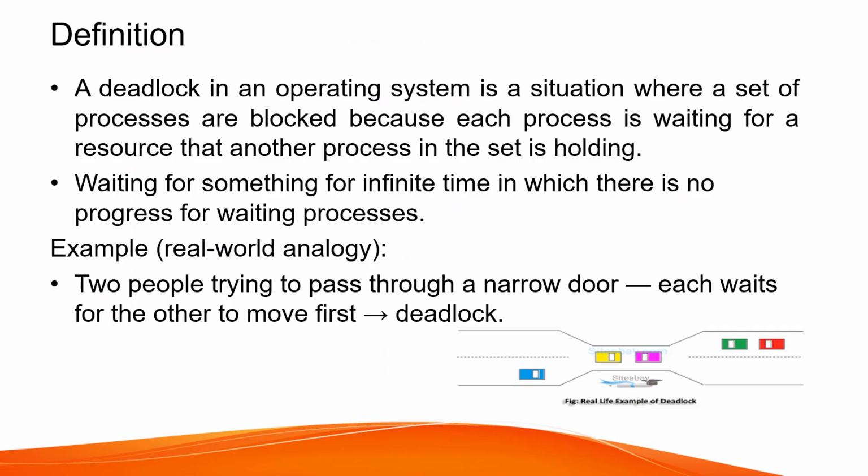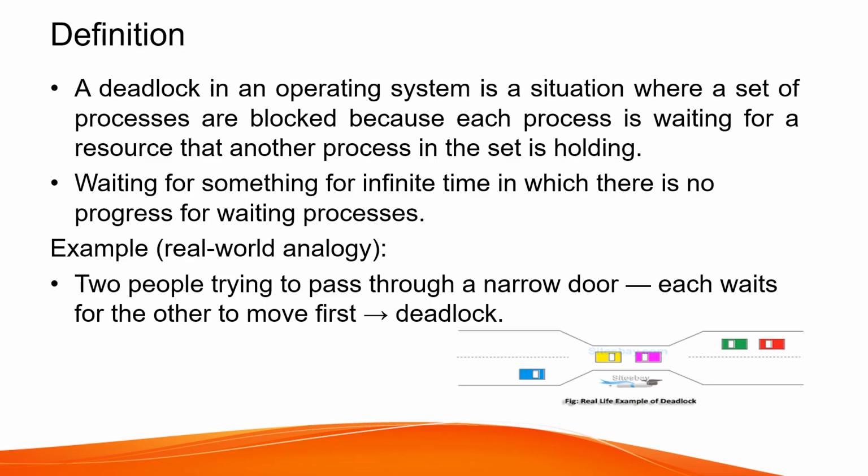In an operating system, deadlock is a fundamental concept in which a set of processes gets permanently blocked because each process is waiting for a resource which is held by another process in the same set.